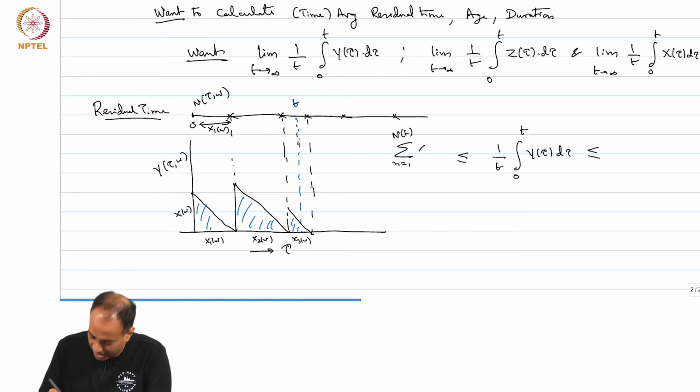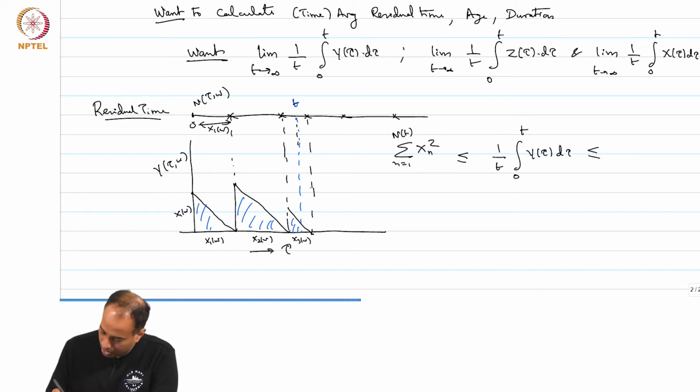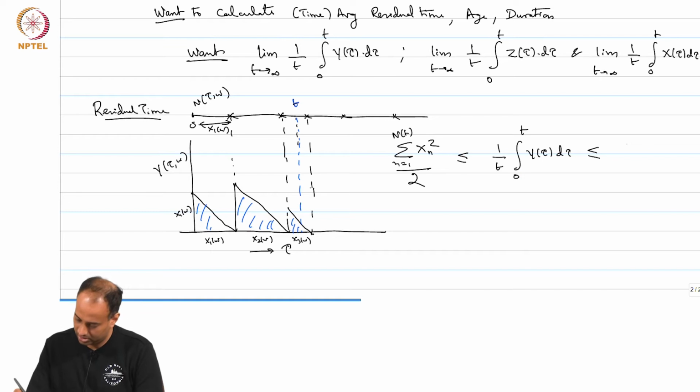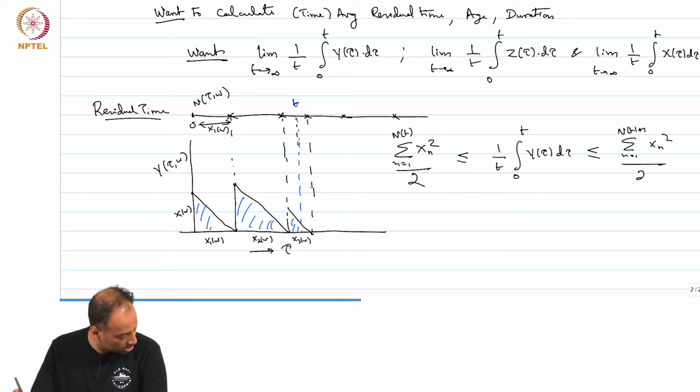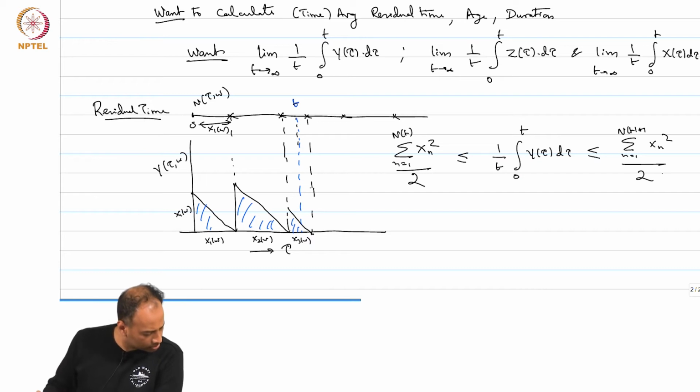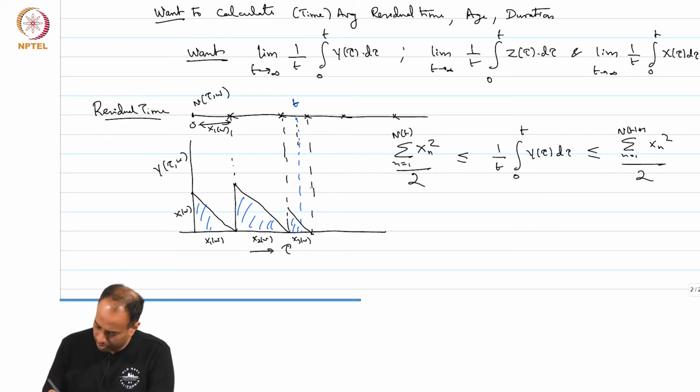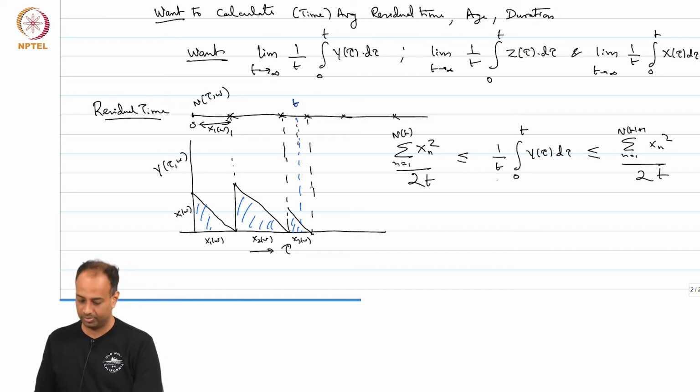So, I can write the sum over n equals 1 to N(t) plus 1 of x_n square over 2, and then I have to put a t, because there is a 1 by t outside the integral. This is true for all t.